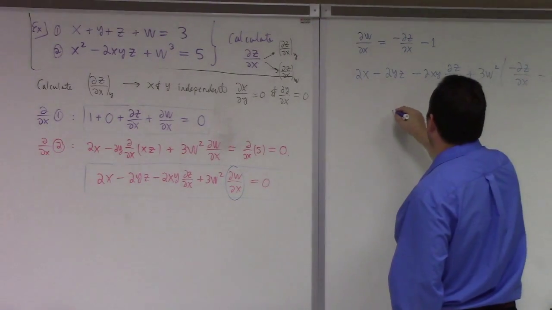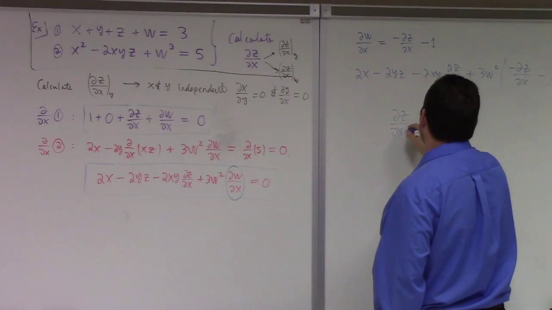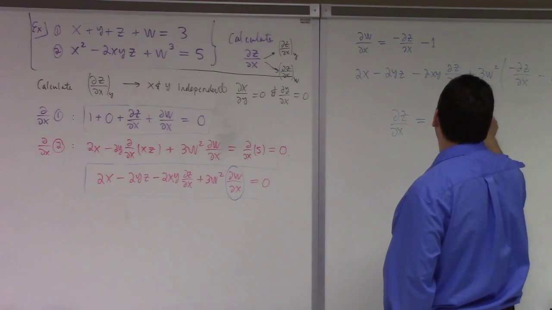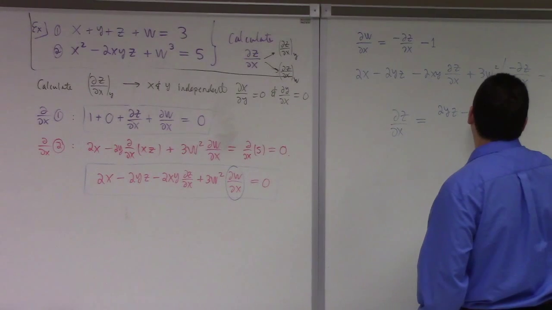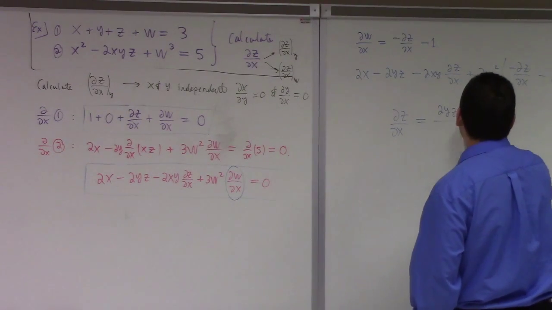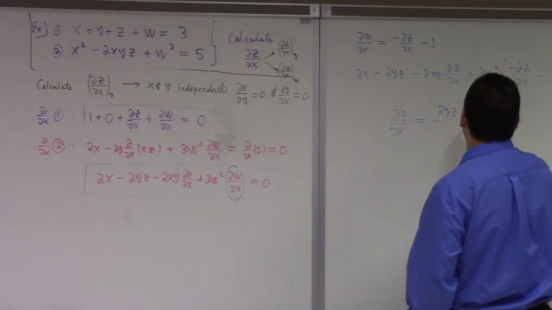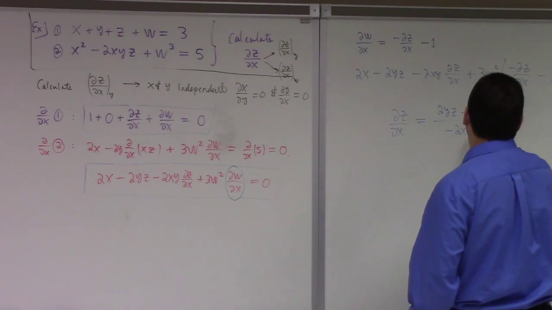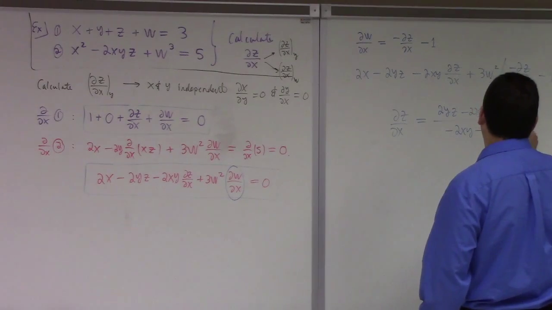Now just solve for partial z partial x. Partial z partial x is equal to 2yz minus 2x plus 3w squared, all divided by minus 2xy minus 3w squared. There you go.